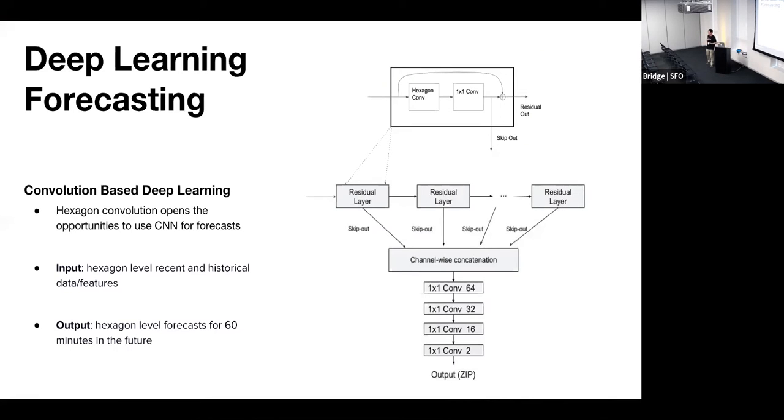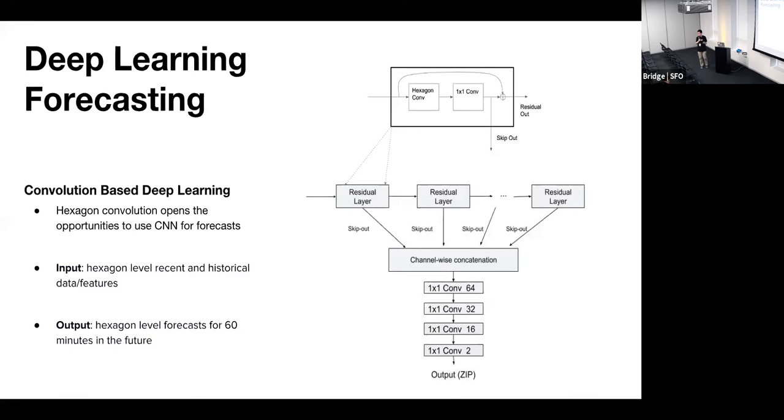Just recall that for the real-time forecasting problem, we try to predict for every Hexagon in the world, for every minute, for the next 60 minutes in the future, different quantities, for example supply, demand, driver waiting time, etc. The input is our historical data, recent data, and external signals, and the output is our prediction result. If we look at each Hexagon separately, the big problem is that because of data sparsity, it's very hard to really improve the performance.